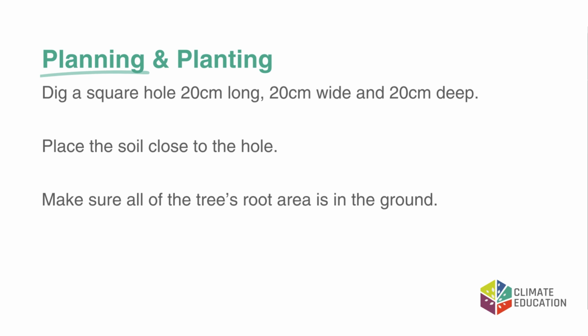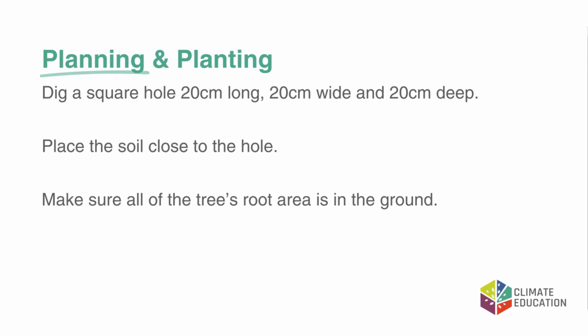If you throw it to the side, or you've got some enthusiastic students who start throwing the soil a little bit too far away from the hole, when it comes to planting it back in the hole, there's not enough soil to backfill the hole and cover the roots. So that's the important bit, to make sure that the tree roots are all in the ground and covered by the soil, and that will ensure that the trees don't desiccate and they're able to establish better.